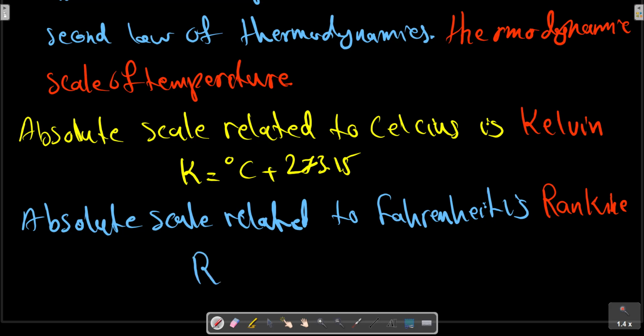Rankine equals degrees Fahrenheit plus 459.67.